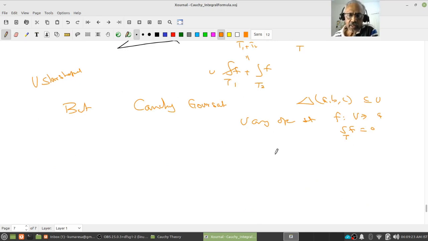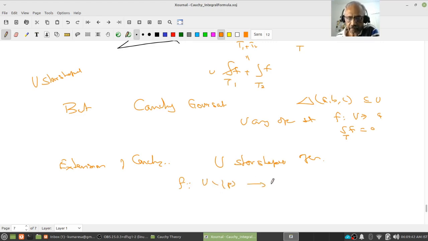So only when I wanted the extension of Cauchy, I needed U to be star shaped and open. Why? Because U is star shaped, and this is holomorphic, and f from U to C is continuous, right?